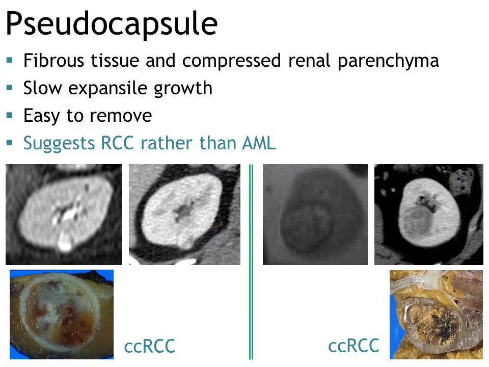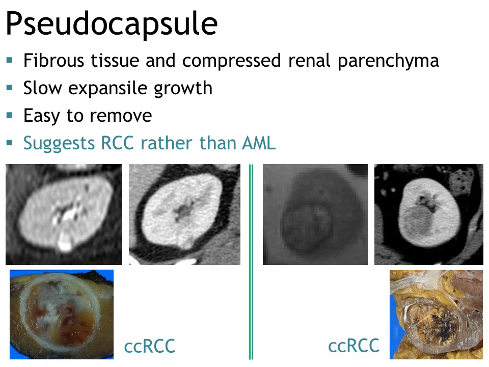Finally, I would like to mention briefly pseudocapsule. Pseudocapsule is fibrous tissue and compressed renal parenchyma around the mass. It means that the mass grows slowly and is easy to remove because of the barrier around the mass, and its presence suggests renal cell carcinoma rather than angiomyolipoma, because usually angiomyolipoma is soft and does not produce pseudocapsule.